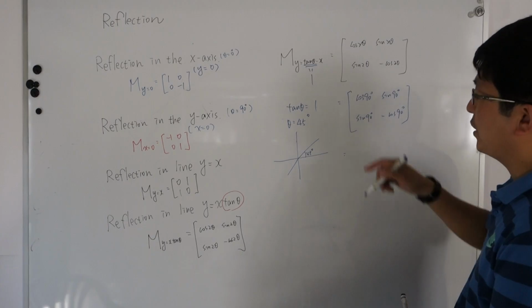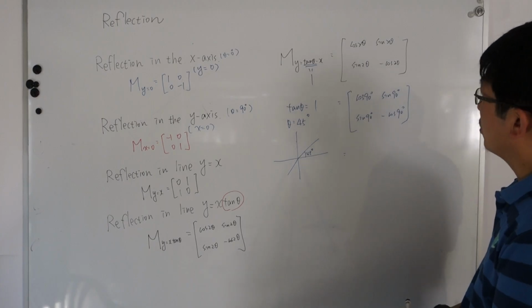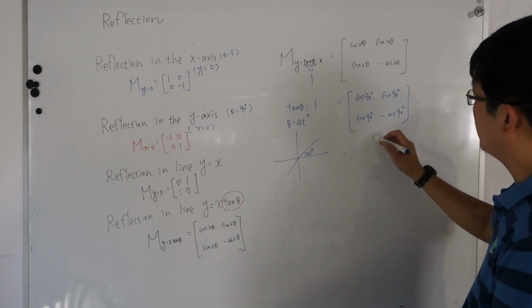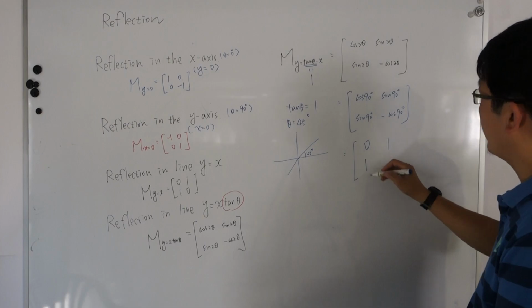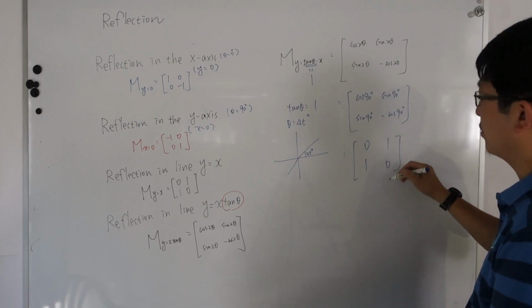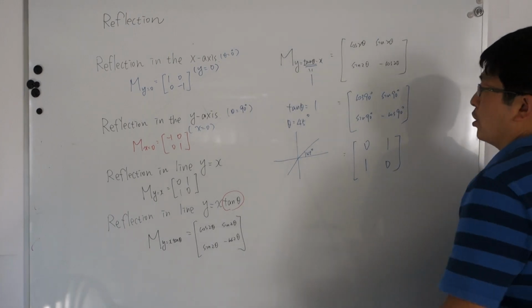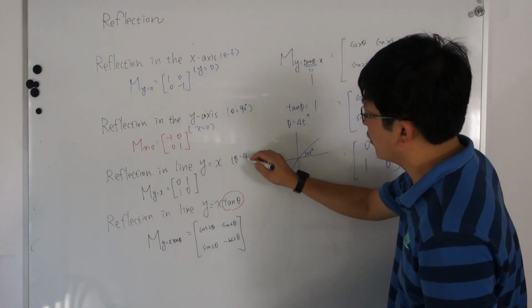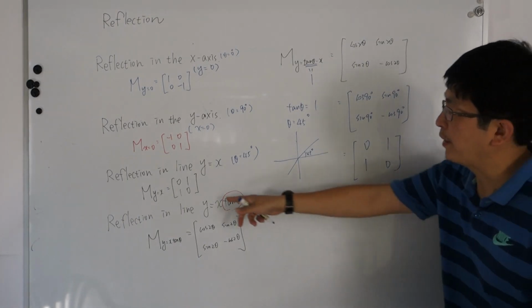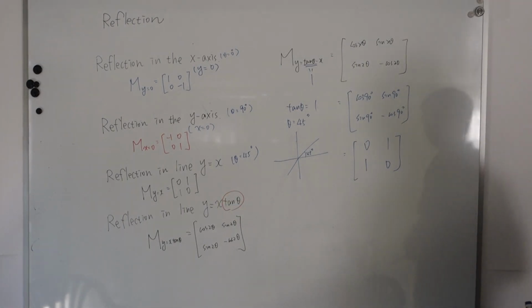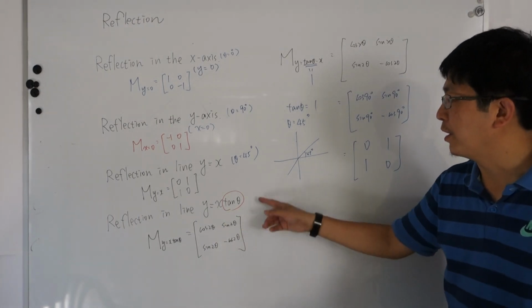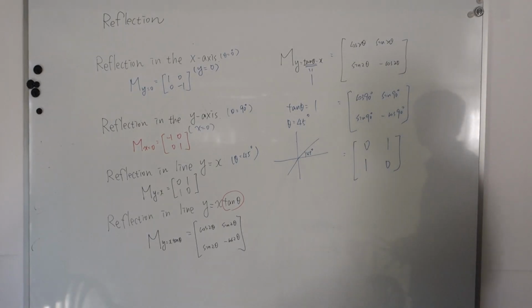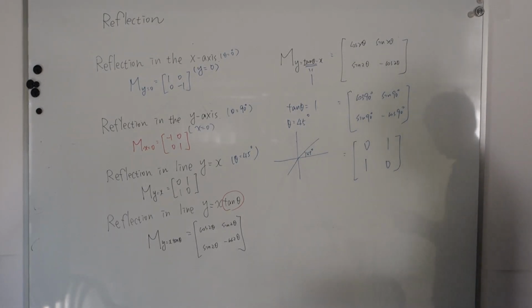Cosine 90 degrees is 0, sine 90 degrees is 1, negative cosine 90 degrees is 0. See? Using the angle theta equals 45 degrees, you can get the matrix. Of course, first you need to memorize this concept and then sub in the angle, okay? Later we use example questions to show you how to do it, alright?